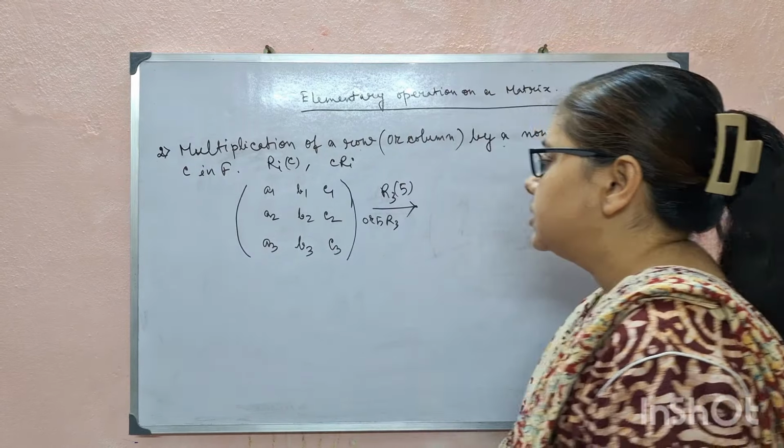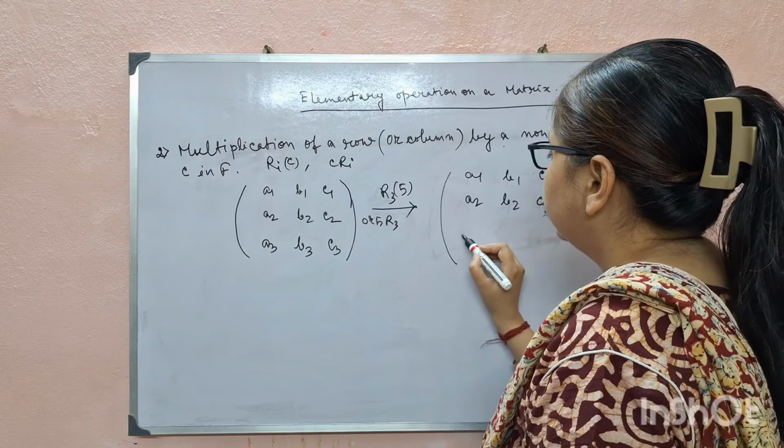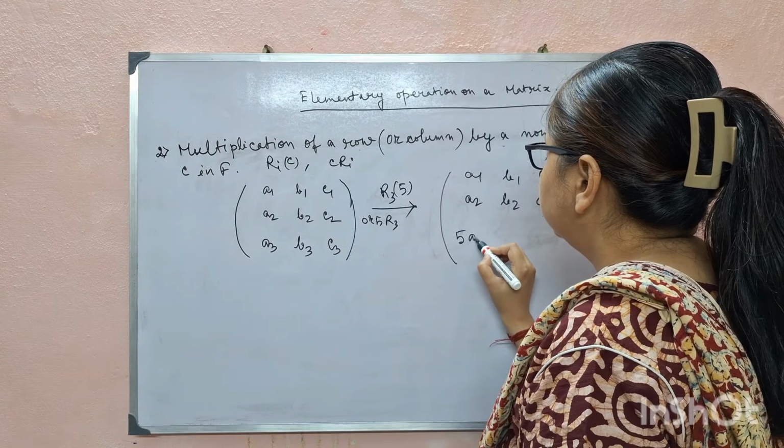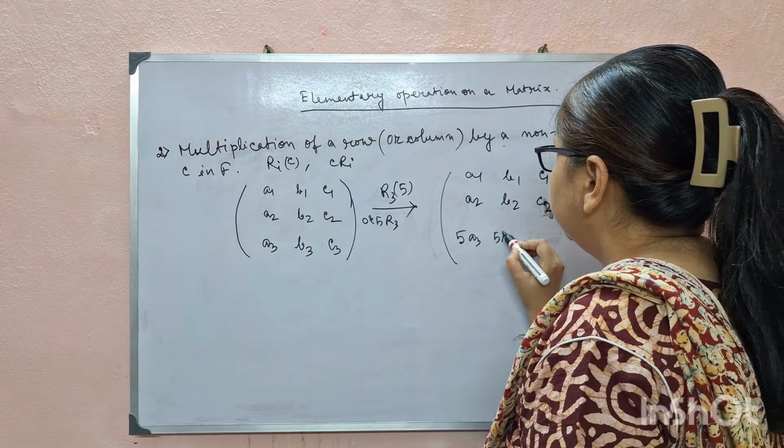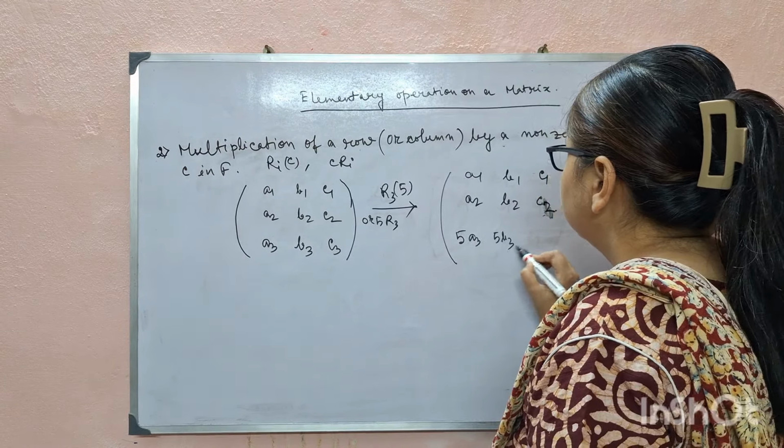That is, the matrix will be transformed into A1, B1, C1; A2, B2, C2; and 5A3, 5B3, 5C3.